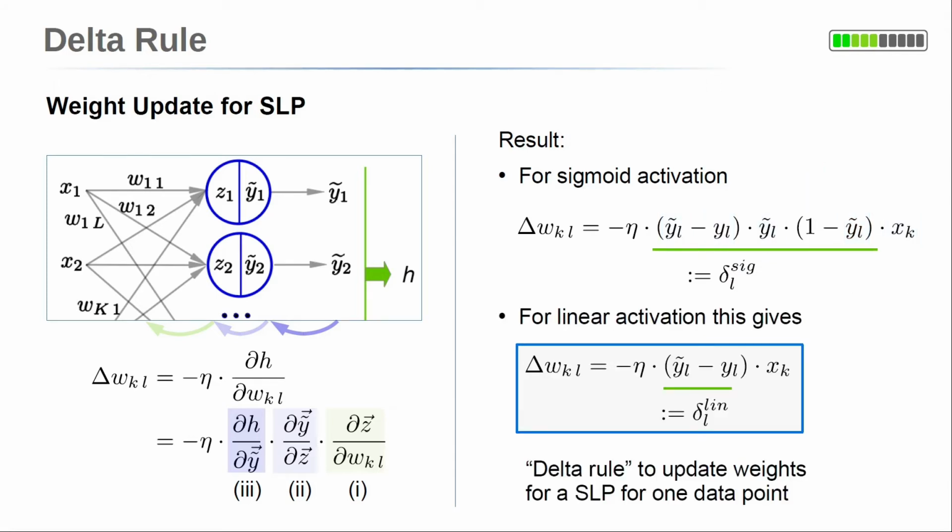For a linear activation function we have delta w_kl equals minus eta times the difference of model output and data times the k-th input variable. This is called the delta rule to update the weights of a single layer perceptron for a given data point.